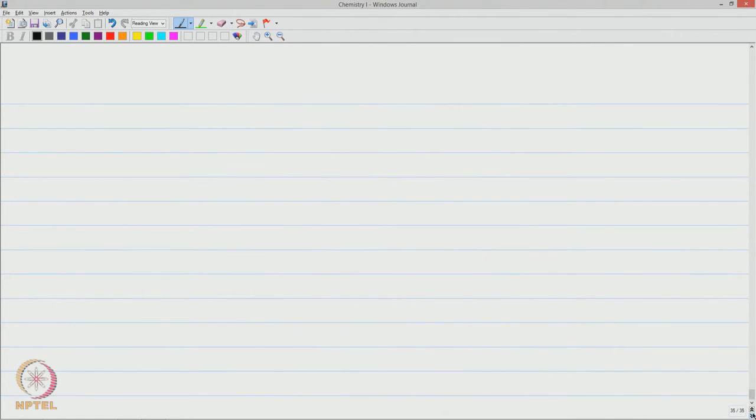Therefore, the general formula: Cm is integral 0 to L psi m of x. If it is a complex function, you should always have a star. Sorry, this is not psi m star.